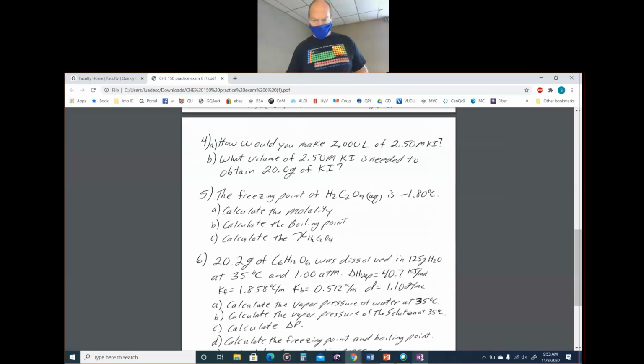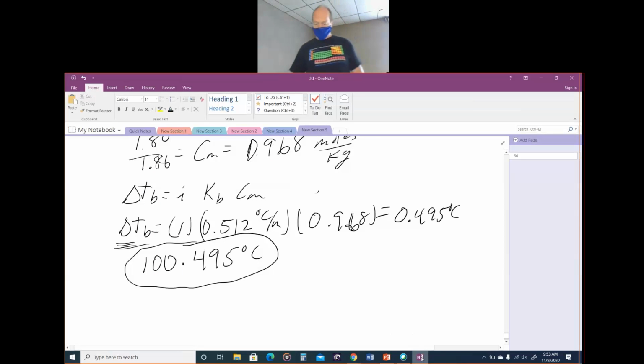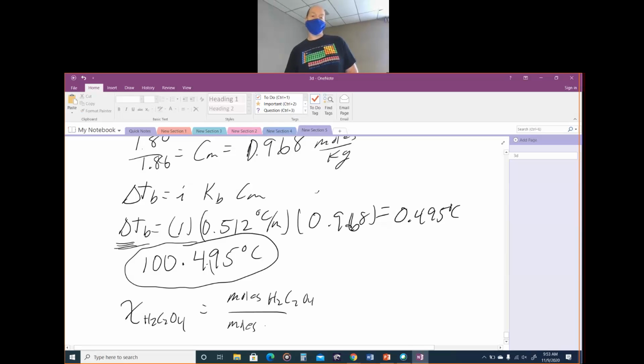All right, then we need to find the mole fraction. So we have to find moles of H2C2O4 divided by moles of H2C2O4 plus moles of water.